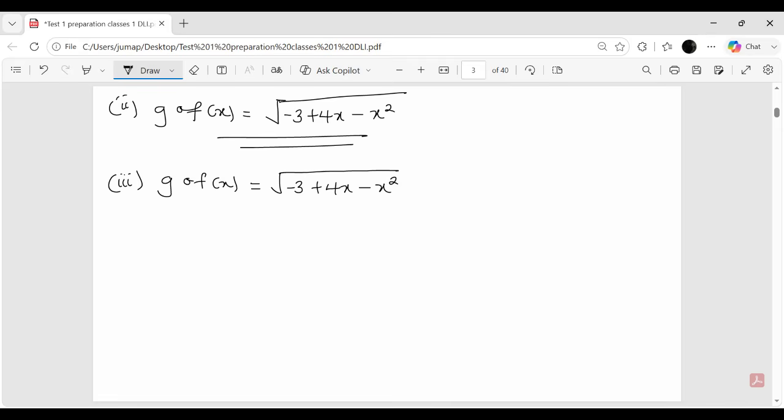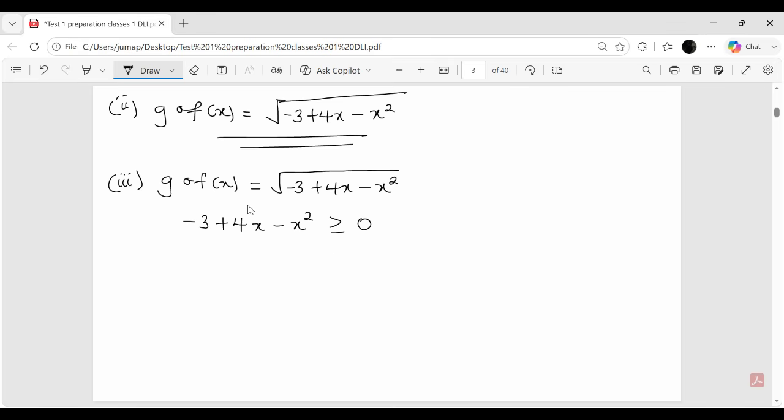So our limit must be 0, meaning that negative 3 plus 4x minus x squared must be greater or equal to 0. Are we together? Yes. Okay, so it must be greater or equal to 0.